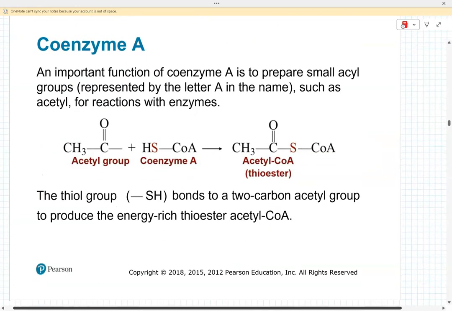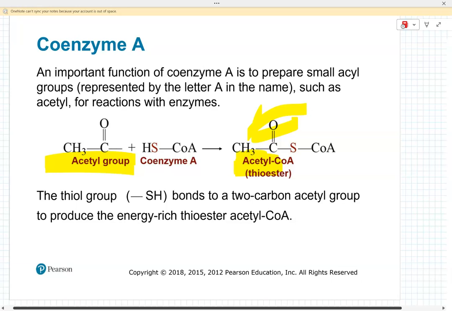So the function of coenzyme A is that it can transfer the so-called acetyl group onto some other organic compounds. Okay? So it can carry the acetyl group from one location in the cell into another.